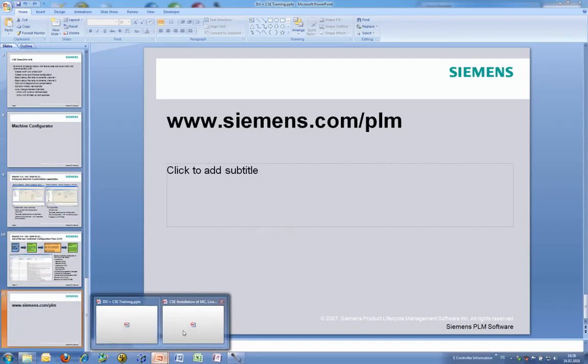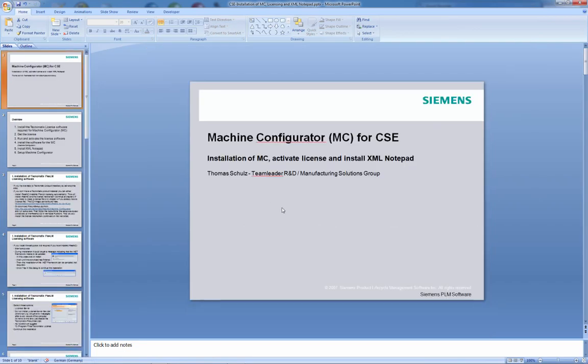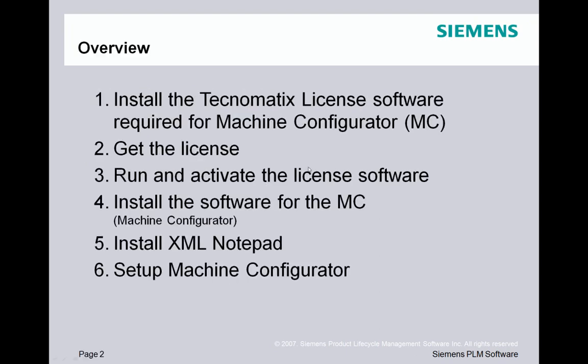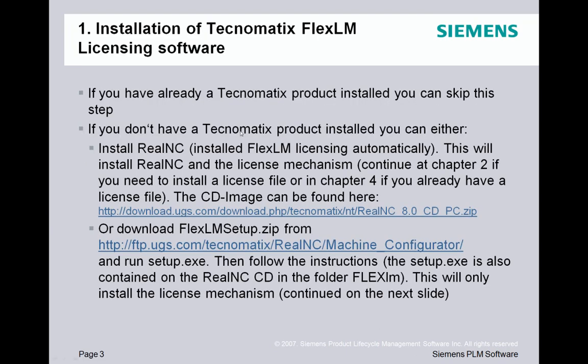That is pretty comprehensive. To install Machine Configurator, there's a separate presentation that describes where to get Machine Configurator and how to install it. You can either install it by installing ReLN-C, and the ReLN-C setup will include Machine Configurator and install it automatically.